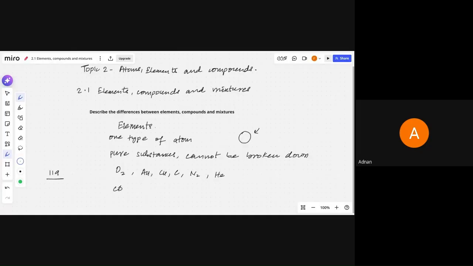So now, what are compounds? A compound is a substance made from two or more elements that have reacted with each other, and they must be different. Remember that.